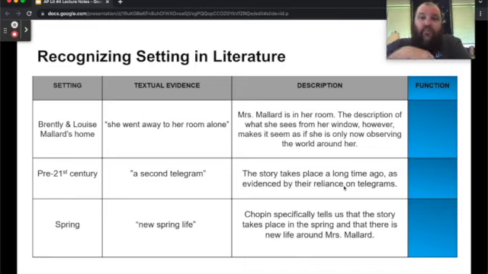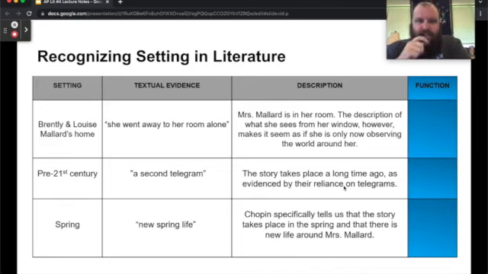Understanding that this is pre-21st century really gives us an idea of what kind of existence Mrs. Mallard is actually living. And as a man in 2022, that's a perspective that I can learn a lot from. Right? It's not one that I have experienced. So now I'm kind of seeing life through her experience, her perspective.